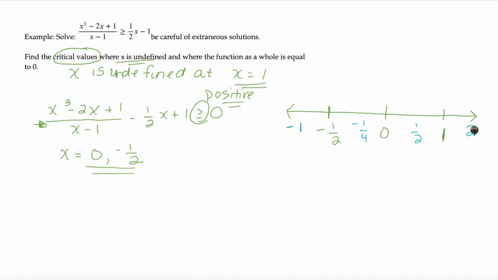So I'm choosing values that are in between the two areas there. I also know that at -0.5, because we can have a solution at -0.5, it's going to be a closed circle. At 0, we also know it's a closed circle because it is included as it is a solution. However, 1 is where our graph is undefined, so we're going to use a hole.